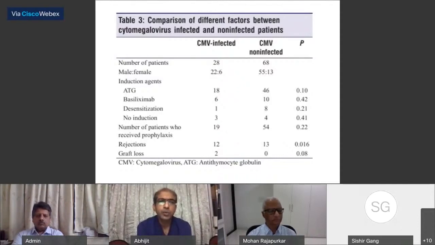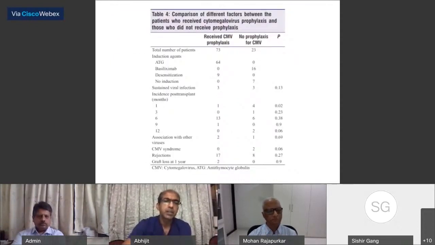In the basiliximab group also, a proportion of patients developed CMV infections, although it did not reach a level of significance. The number of rejections remained similar in both these groups, and graft loss also did not reach a level of significance between these two groups.